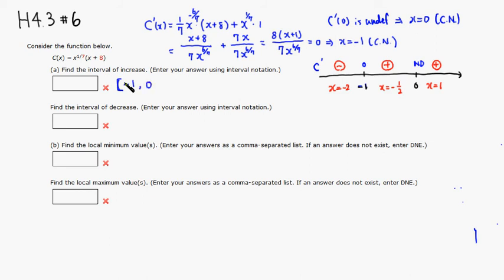The derivative is not defined there, but actually I can include that. And then interval notation. What should I do? It's still increasing.